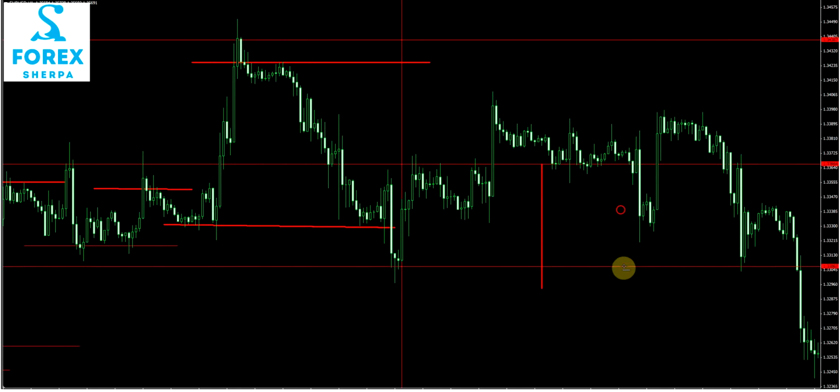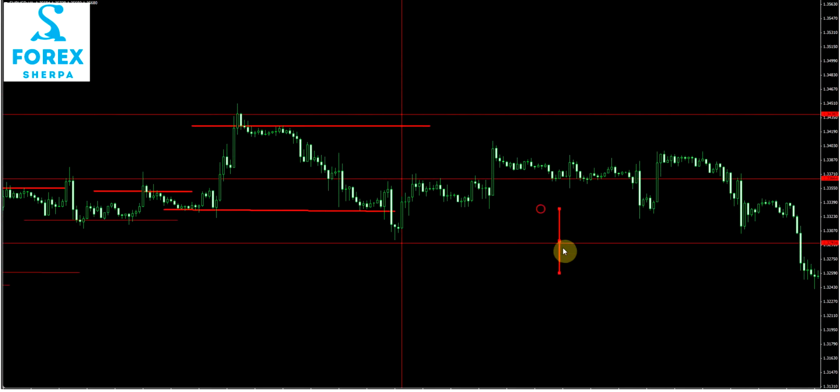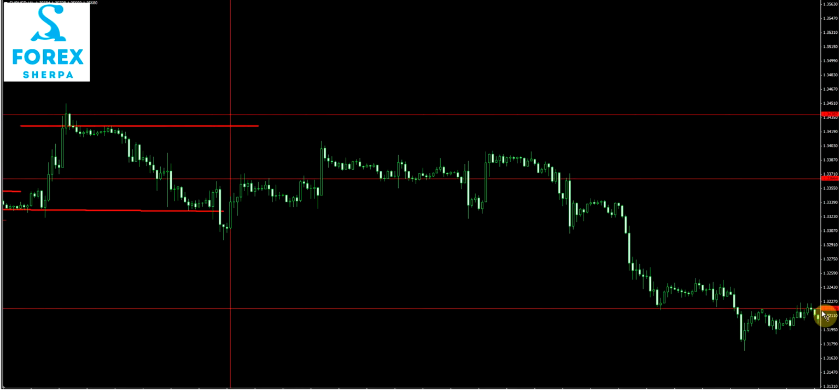So the initial risk is 2%, which is 70 pips. So I'm going to place twice the initial risk on the chart and calculate the final target. This is twice the initial risk, 1.3220, and this is going to be our target price.